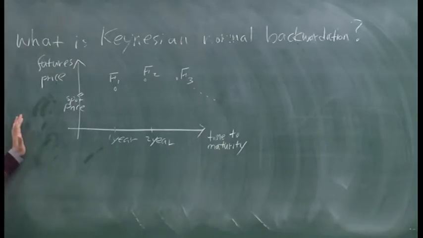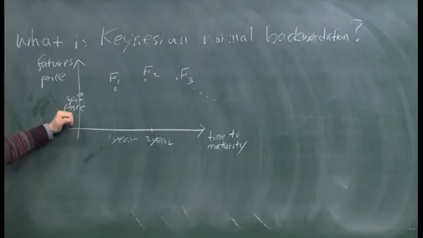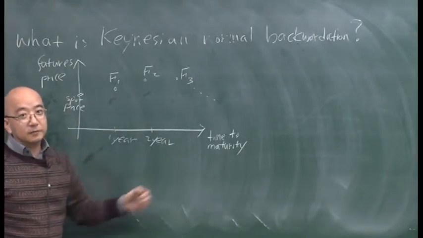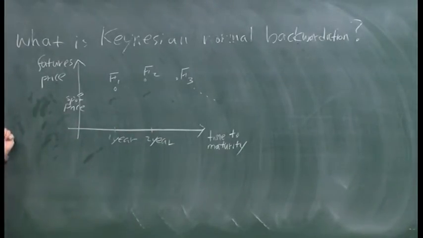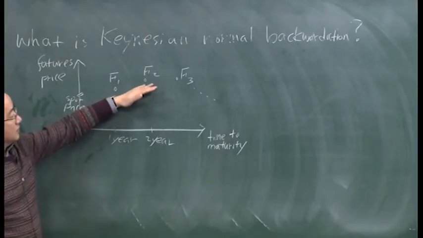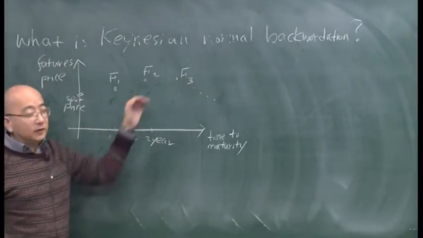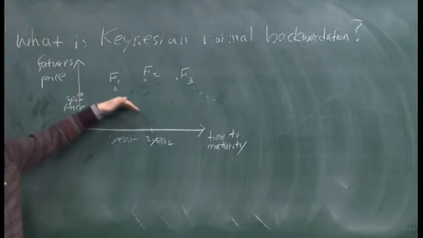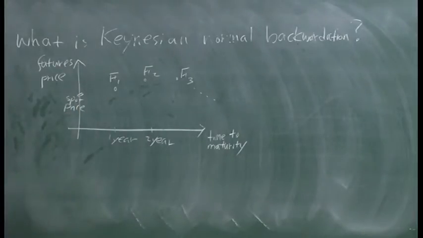Now the question here is, what is the typical shape of a curve like this? What is the typical relationship between spot price and futures prices of different maturity? Is it more normal to have higher futures prices as we go to the right, or is it more ordinary to have a declining line here?